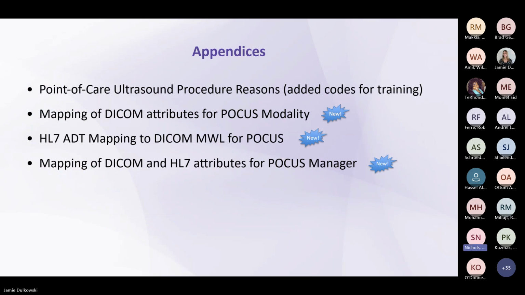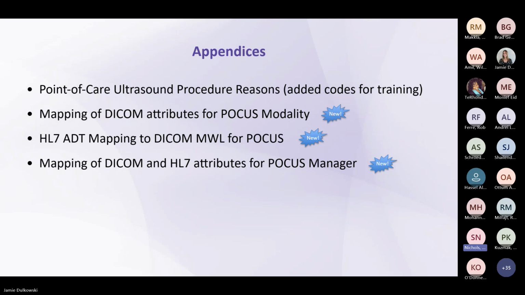For the implementers, we also added several appendices. We updated the existing procedure reason code, so we added one code for training. But we also added several other appendices of mapping of DICOM attributes for the POCUS modality, and HL7 ADT mapping to modality worklist.